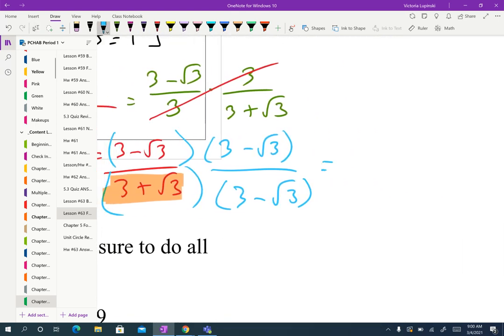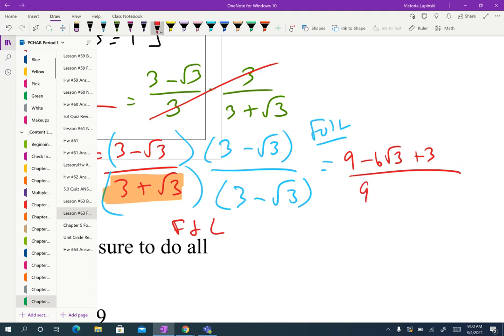So on the top, I'm going to have to go ahead and do the full FOIL. So 3 times 3 is the first, which is 9. Outers is negative 3 radical 3. The inners is also negative 3 radical 3. So that's a total of negative 6 radical 3. Then the last is negative radical 3 times negative radical 3, which is positive 3. On the bottom, because I am doing conjugates, rationalizing, I only have to do first and last.